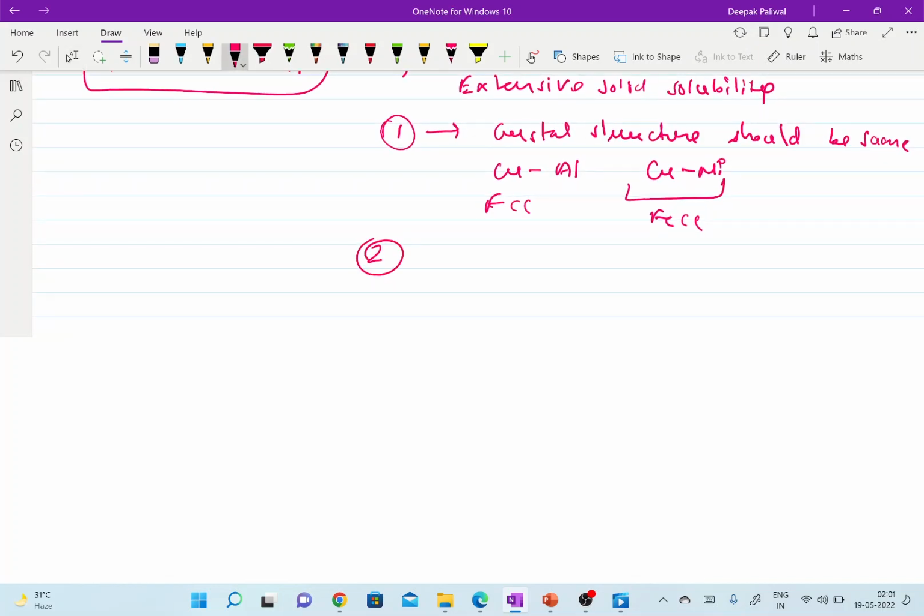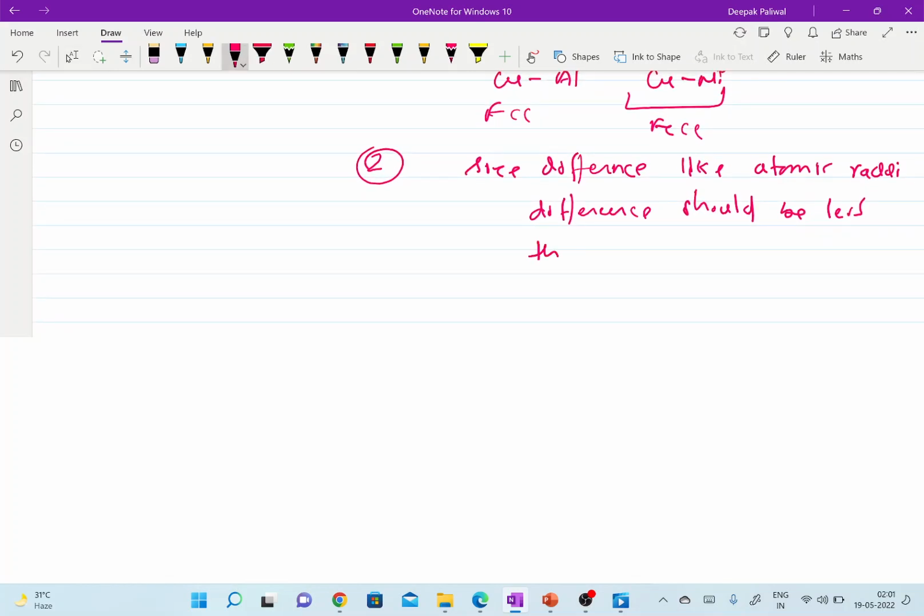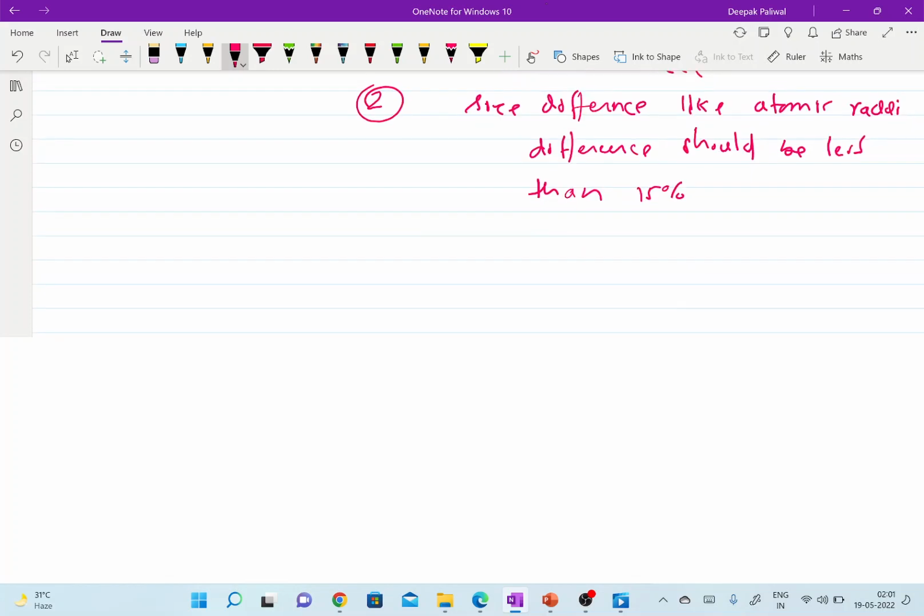Second, the size difference, the atomic radii difference, should be less than 15%. Third one is valency, sorry, not vacancy.